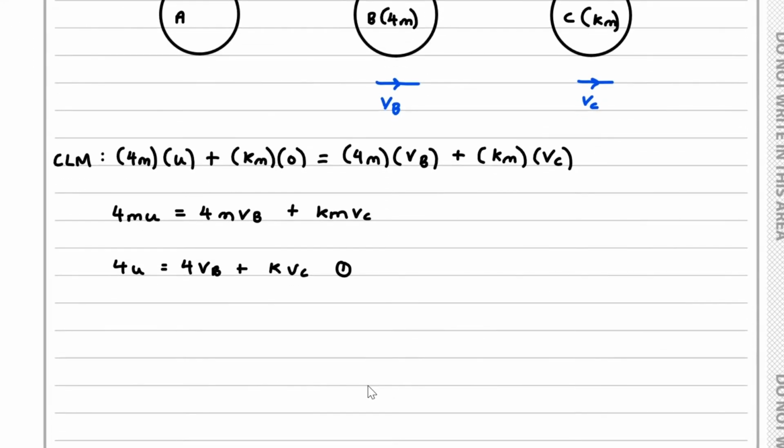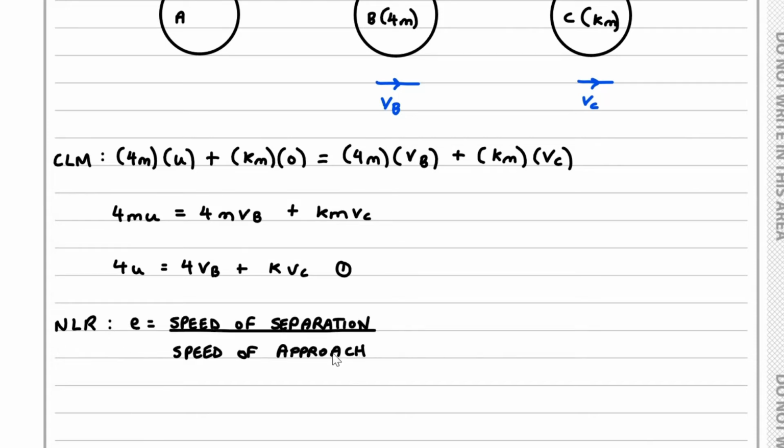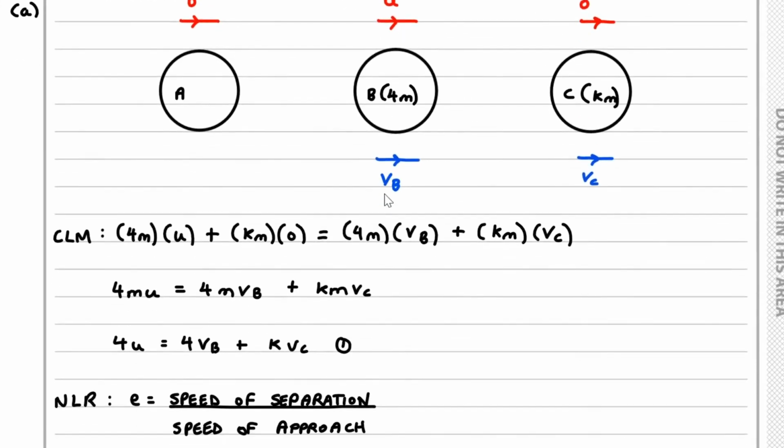And now if we use Newton's law of restitution, we know that e is equal to the speed of separation over the speed of approach. So the speed of separation, that will be vC minus vB. So we've got vC minus vB over the speed of approach, which if we go back to the diagram, clearly that's just u.